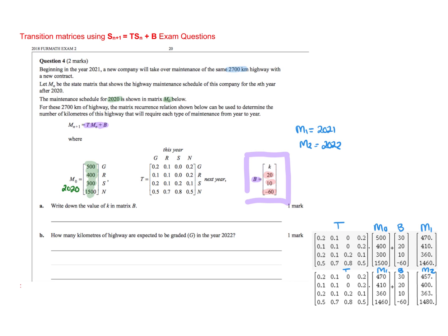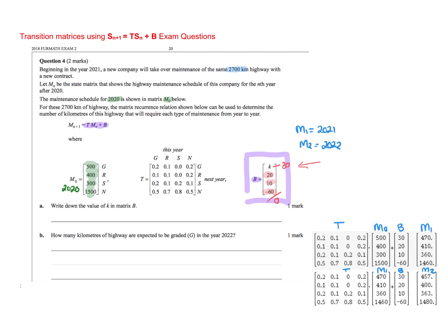30. Now, if I don't want any extra road, because there is no extra road, what would I want K to be? 30. Good. So that's how we worked out that K was 30, because this needed to be 0. So I'll write that out so that you know why we did that.